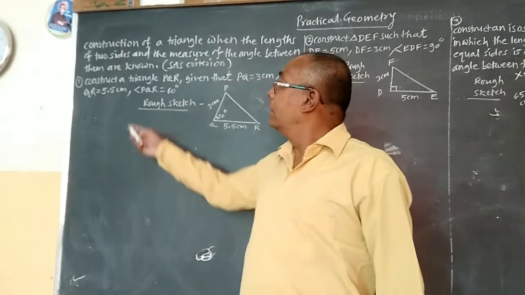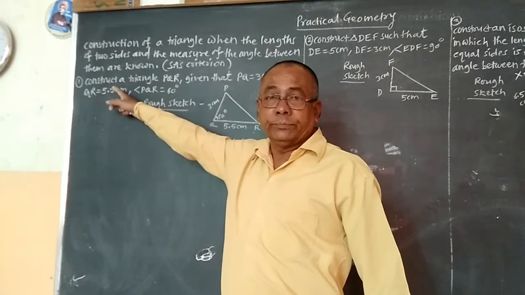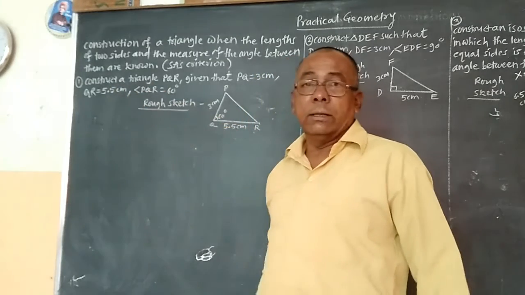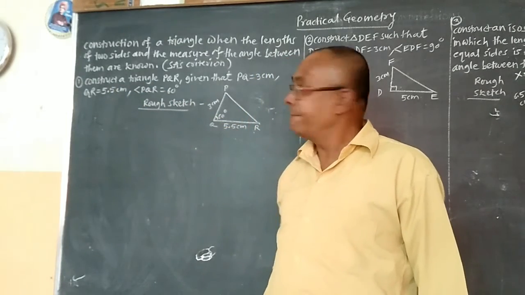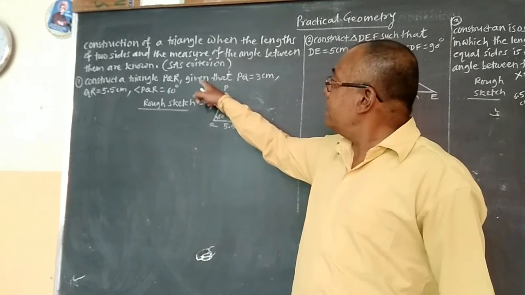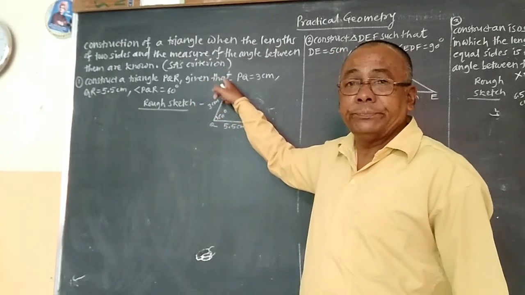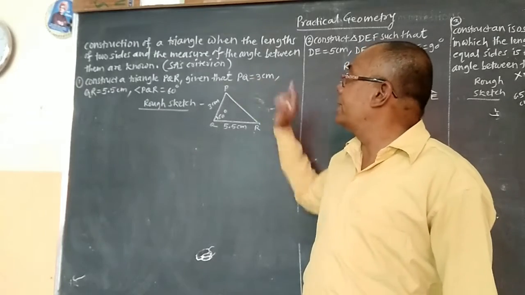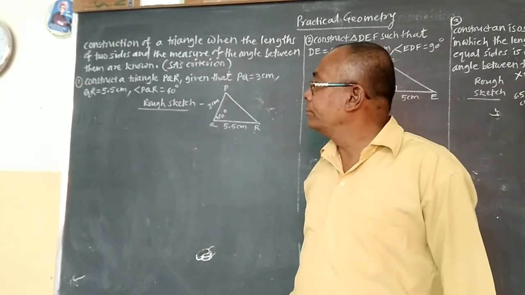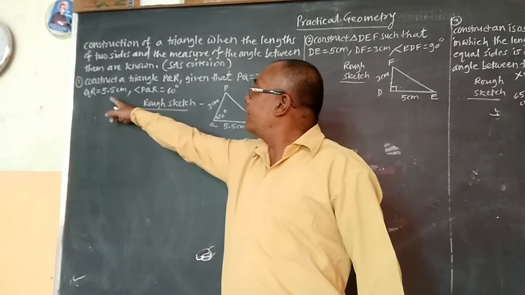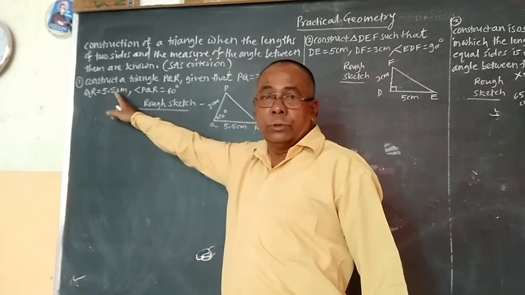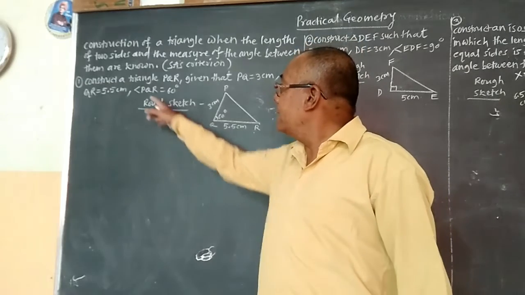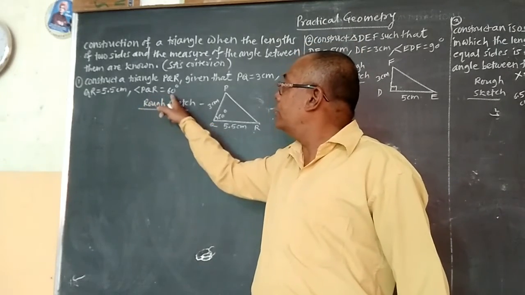Now, in the first question, it is given that construct a triangle PQR, and given that PQ is equal to 3 centimeter, QR is equal to 5.5 centimeter, and angle PQR is equal to 60.